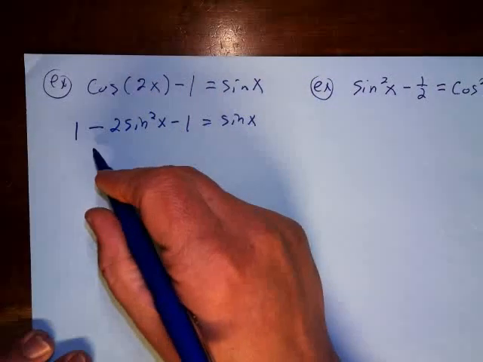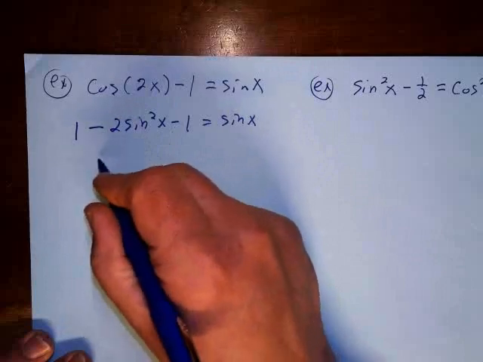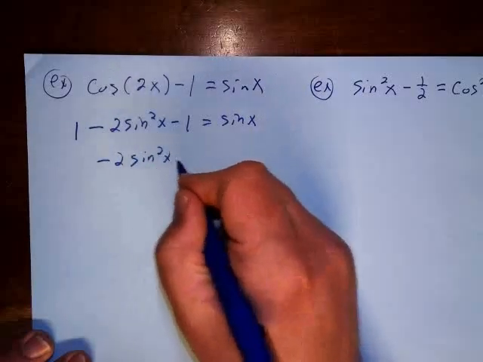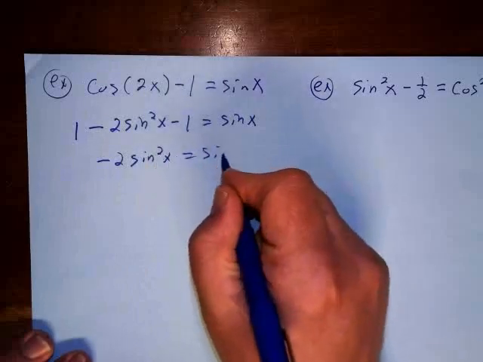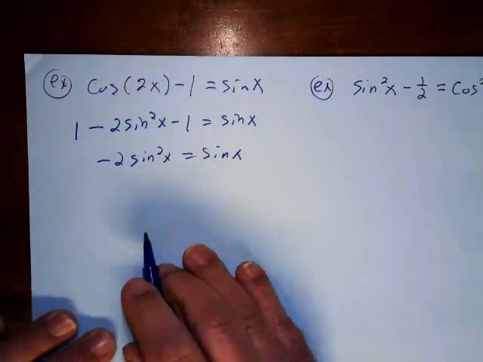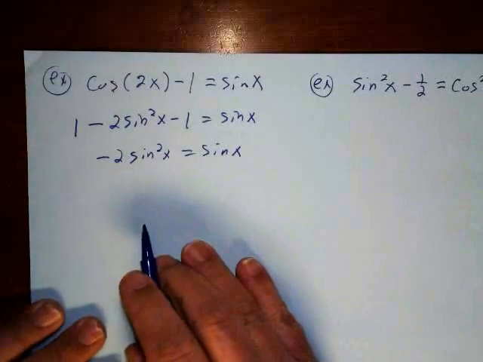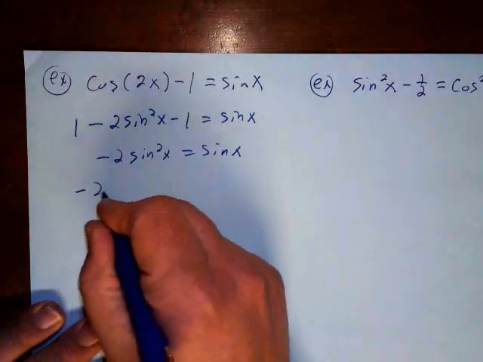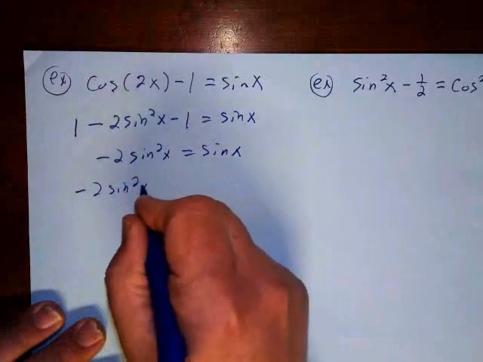And if you look, these actually cancel out, just leaving me with negative 2 sine squared x and then a sine x. Okay, so I'm going to move this over to the other side, get everything equal to 0.